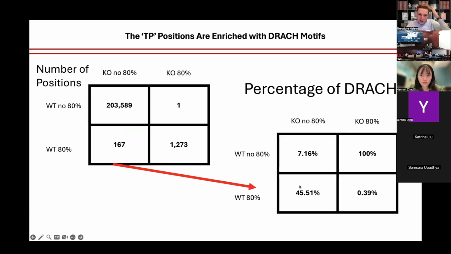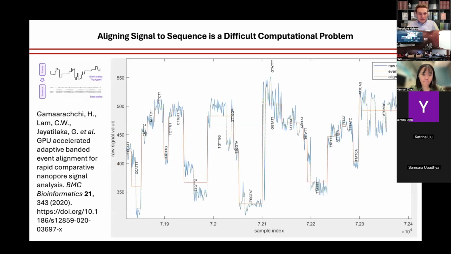About 50% of the sites that popped up in the true positive bucket were enriched with DRACH motifs, and the other sites weren't. So when you think of these signals, this goes a little deeper into the F5C content, which is the tool that I actually use to do this analysis.